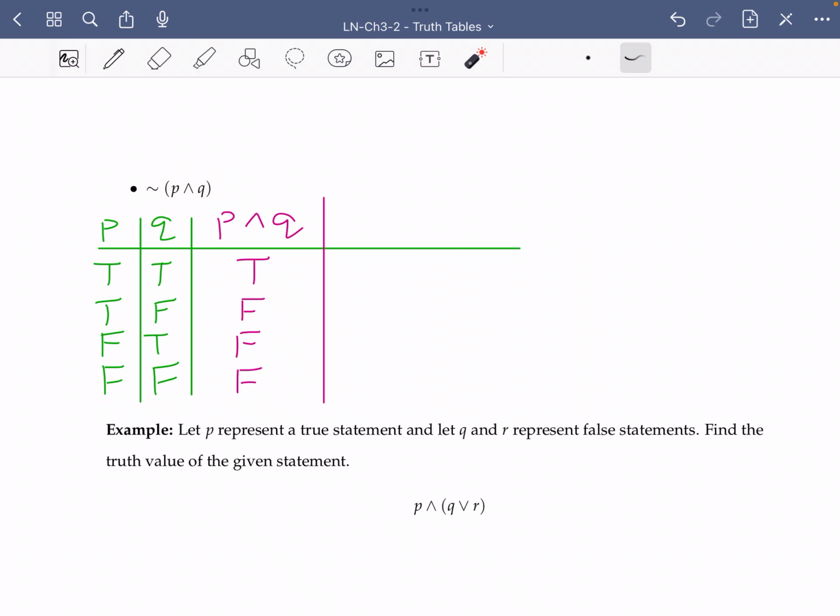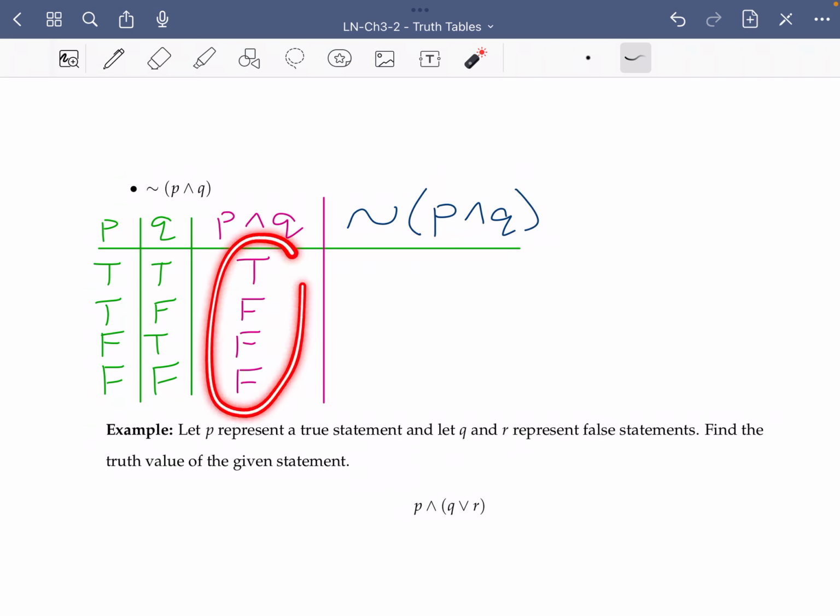Now we haven't finished, because we need to put this all together. What if we were to negate whatever the truth value of the stuff inside the parentheses is? For negating, we're not looking back to the original columns. We're going to take the opposite truth value of whatever the P and Q column is.